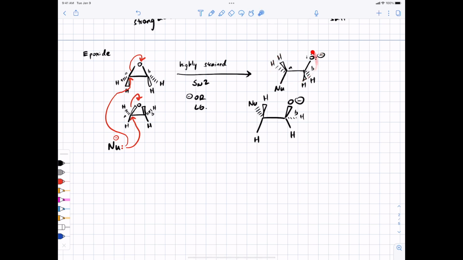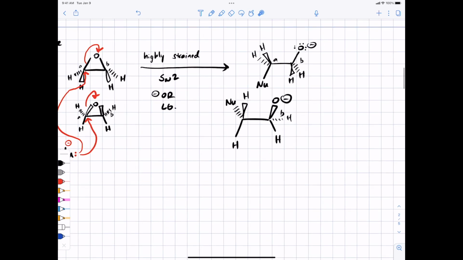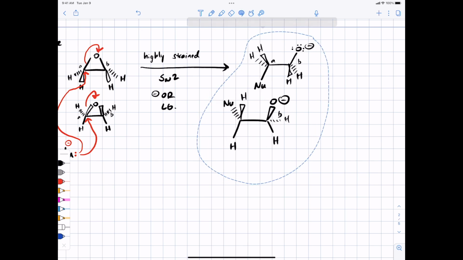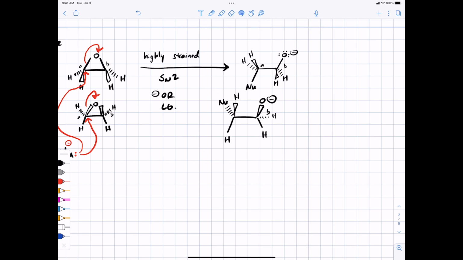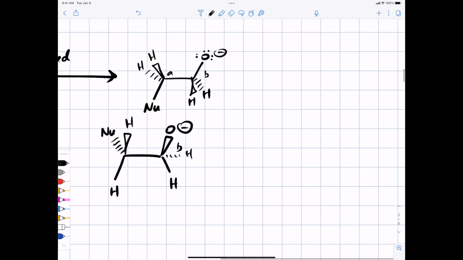Well, first, am I really going to show a negatively charged oxygen as being part of the product? No, because in organic chemistry, when we isolate organic molecules, our techniques for doing so usually mean that those molecules are neutral. So you'll learn in the organic lab, there's this thing called aqueous workup. What that means is you take your organic product that's in an organic solvent, you dump water on top of that and shake it up, and stuff that needs to get protonated does.